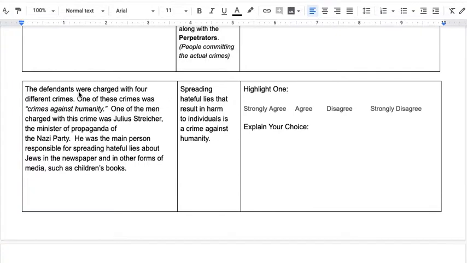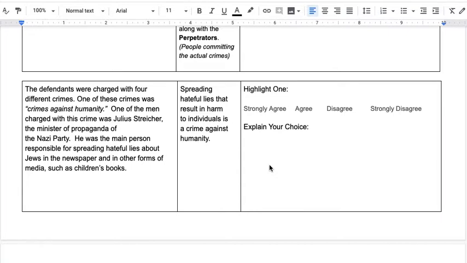In this one, it says defendants were charged with 4 crimes. One of these crimes was crimes against humanity. Basically, what this one is saying is that spreading hateful lies that result in harm to individuals is a crime against humanity. So we're looking at it from the Jewish perspective in this one. You want to look at how they were spreading lies about Jewish people, calling them inferior, letting German citizens know that the reason why your life is so miserable is because the Jews made it that way.